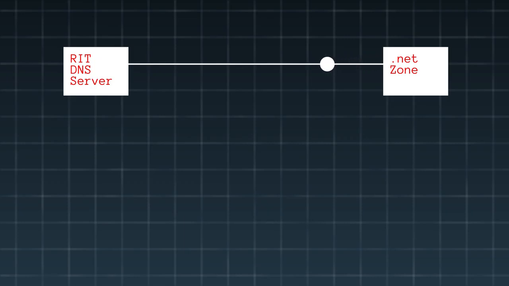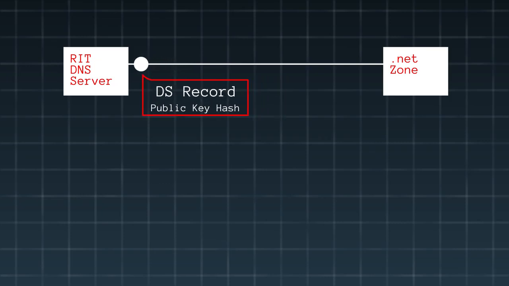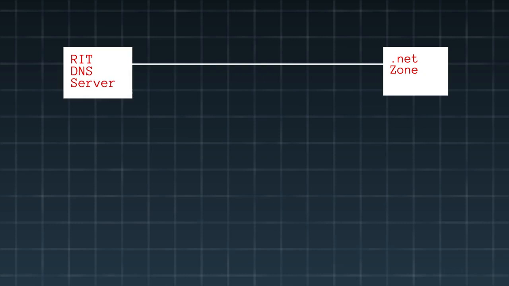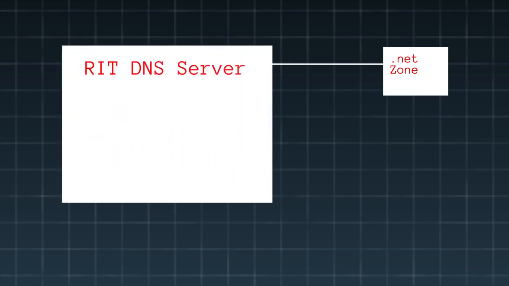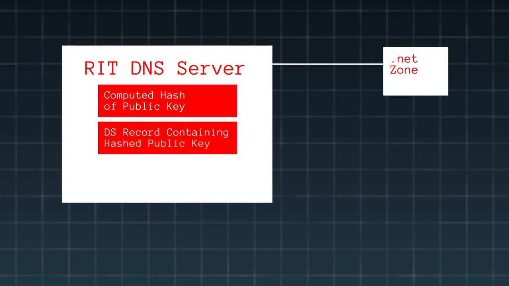In our example, the .NET zone, when giving the RIT DNS server a referral to the authoritative DNS servers for aaron.net, also sent a DS record, which contains the hash of aaron.net's public key. The RIT DNS server hashes aaron.net's public key and compares the results to the DS record sent from the .NET zone.